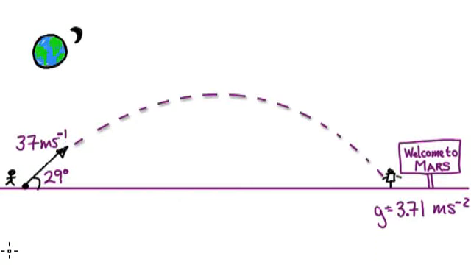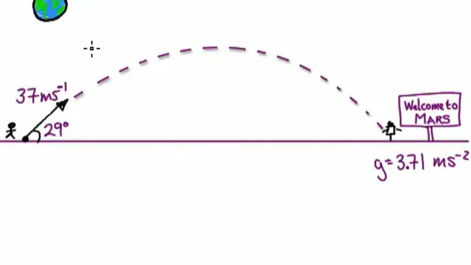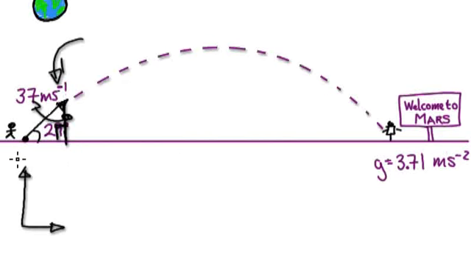Okay, so as always, break this up into its vertical component and its horizontal component. This would be a right angle triangle here, and this going up would be a sine.